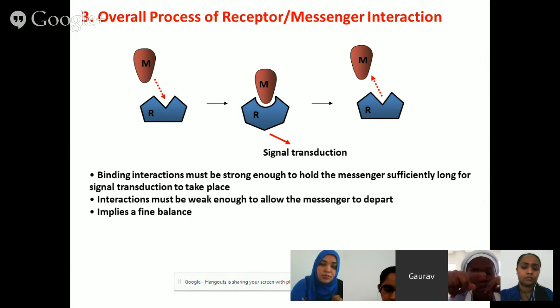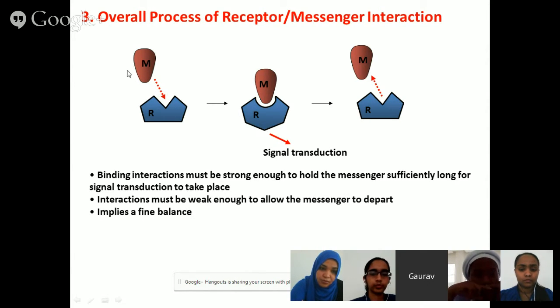So there are three major properties. First, the interaction between a messenger and a receptor's binding site should be strong enough to hold the messenger for a sufficiently long time so that they can transduce their signal.